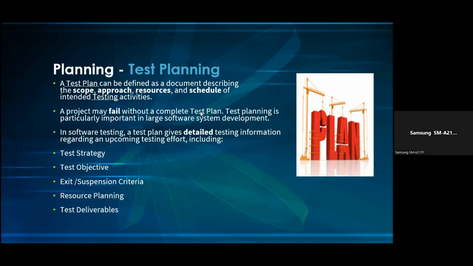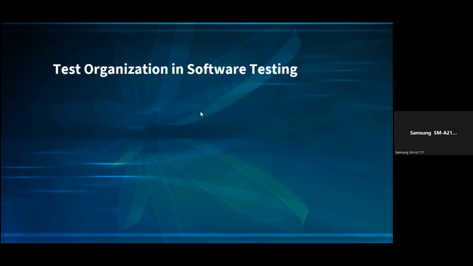Then test deliverables. What are we going to deliver? What are your deliverables? Your scripts, your test cases, your plan, your strategy, logs, data, all those things that you're going to bring out are the deliverables. These are the major things it gives us an insight of when it comes to test planning.